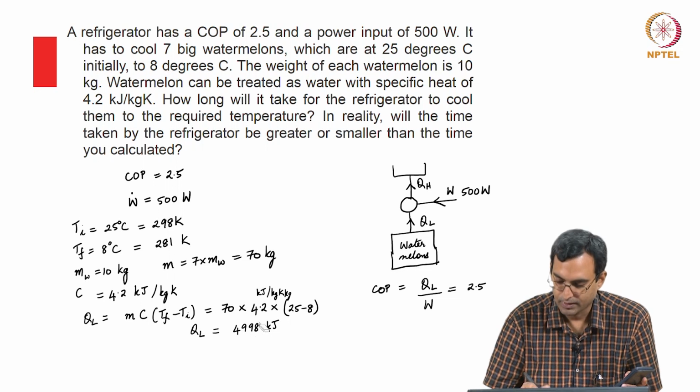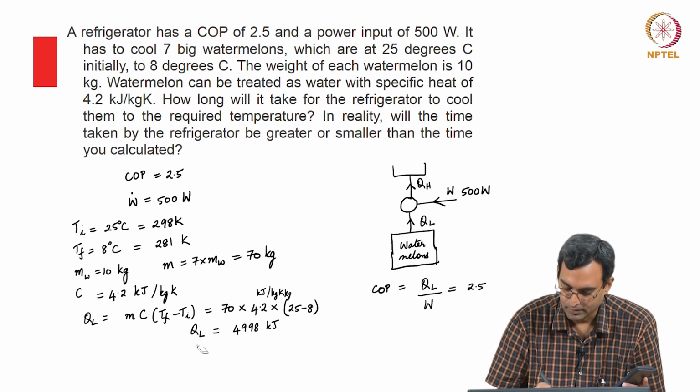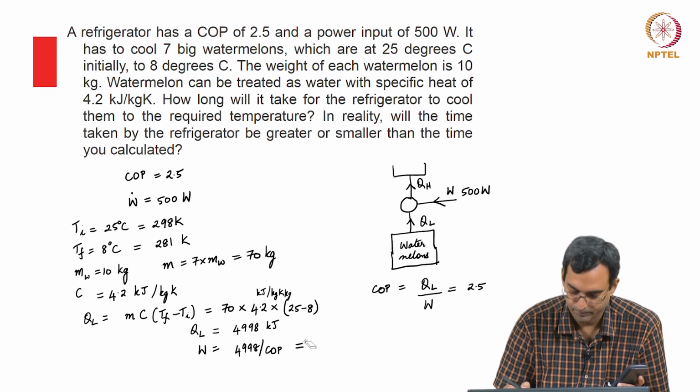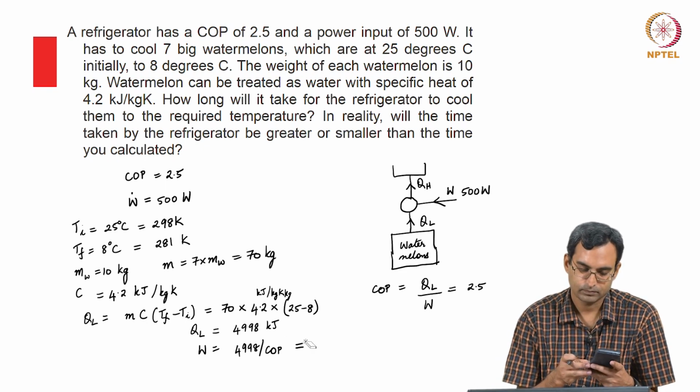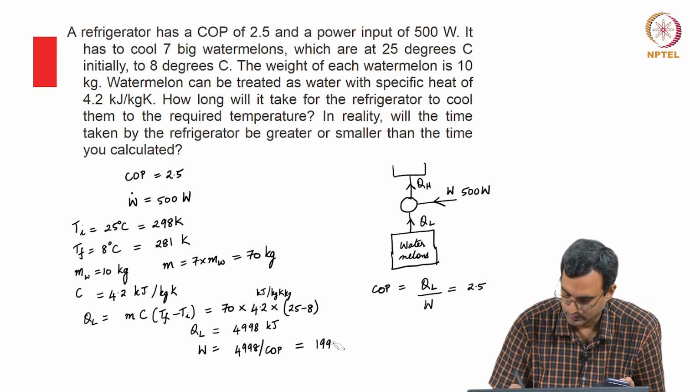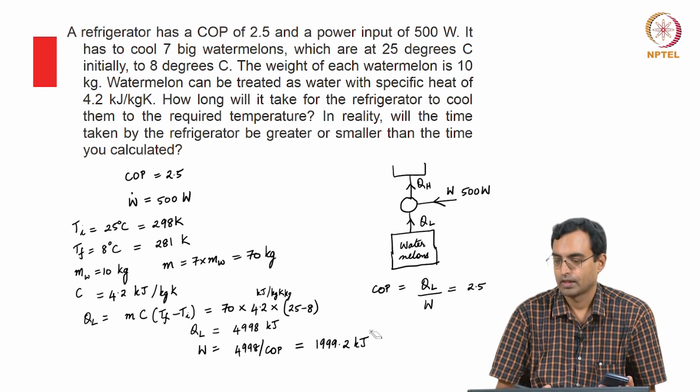So given that the COP is 2.5, the amount of work we would need to do is essentially this divided by COP, which is about so many kilojoules.